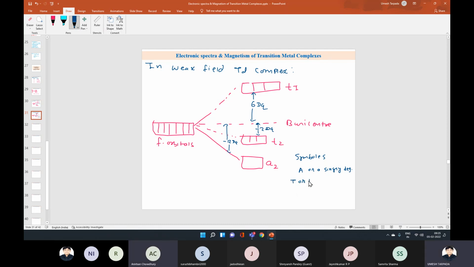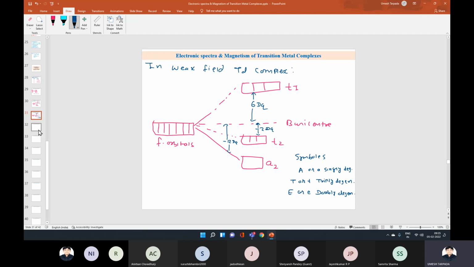Capital T, or T1, or small t, is used for triply degenerate orbitals. What about the E term? E, capital E, is for doubly degenerate. It represents two orbitals. So this term we are using.